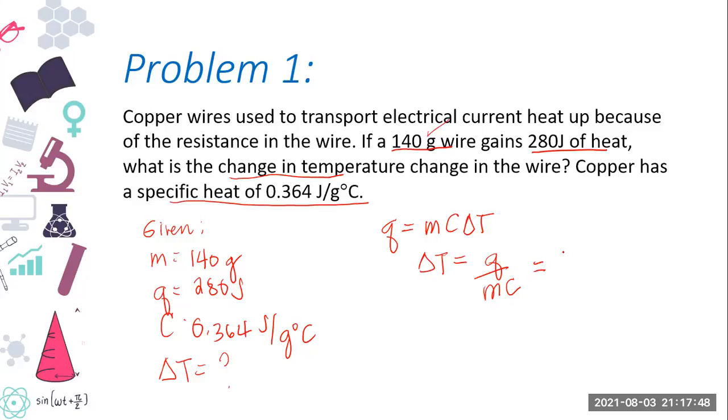So Q is 280 joules all over 140 grams. And then for C, that's 0.364 joule per gram degree Celsius. Okay.